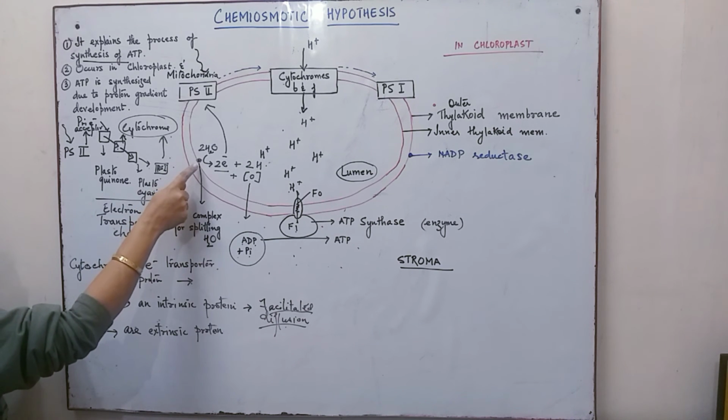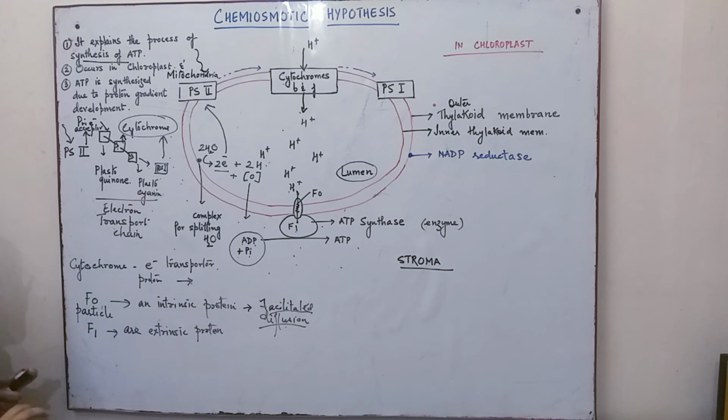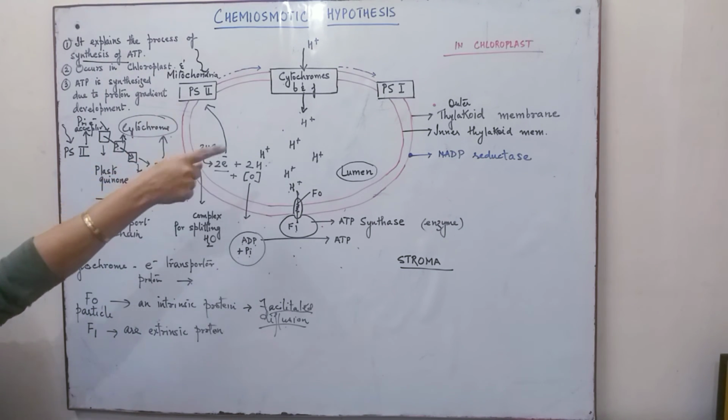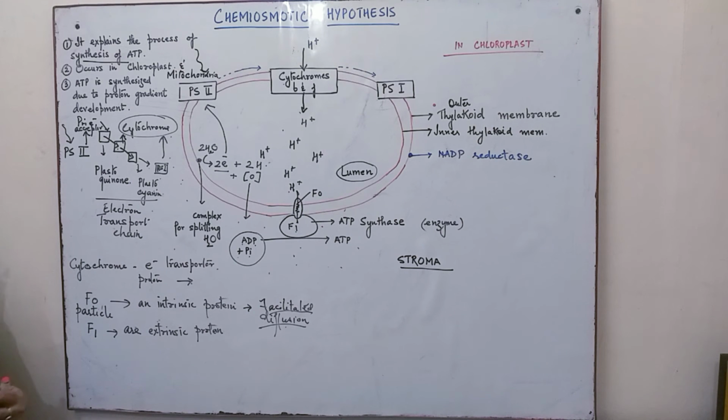The inner thylakoid membrane has a complex for splitting of water, whereas the outer thylakoid membrane has NADP reductase, which is an enzyme. Now, during the process of photophosphorylation, over here we are talking of the thylakoid membrane, and also we will talk of non-cyclic photophosphorylation.